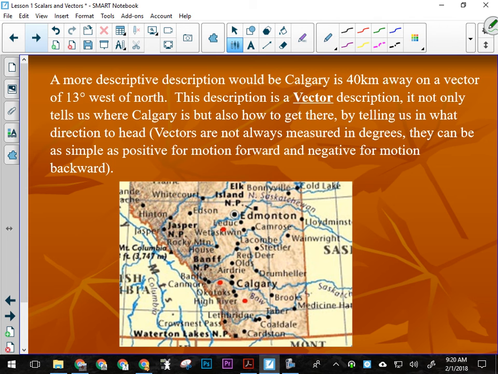That information isn't necessarily more accurate. This is another thing we typically confuse in North American society: 40 kilometers at 13 degrees west of north is the same accuracy as 40 kilometers. How accurate, at 13 degrees, not kilometers. How accurately did I measure both of them?